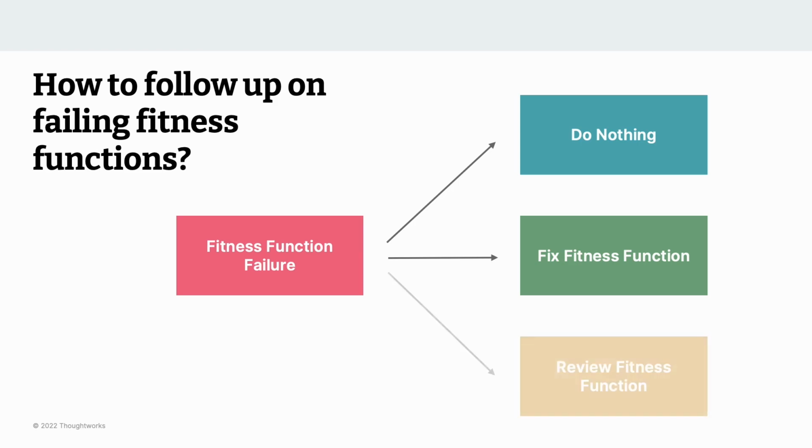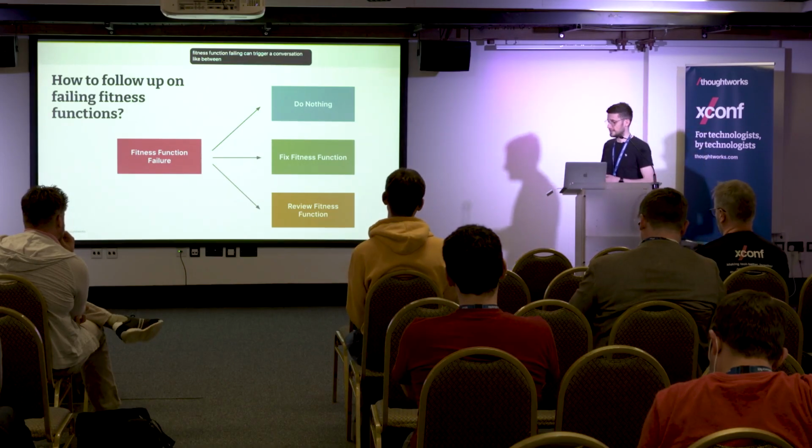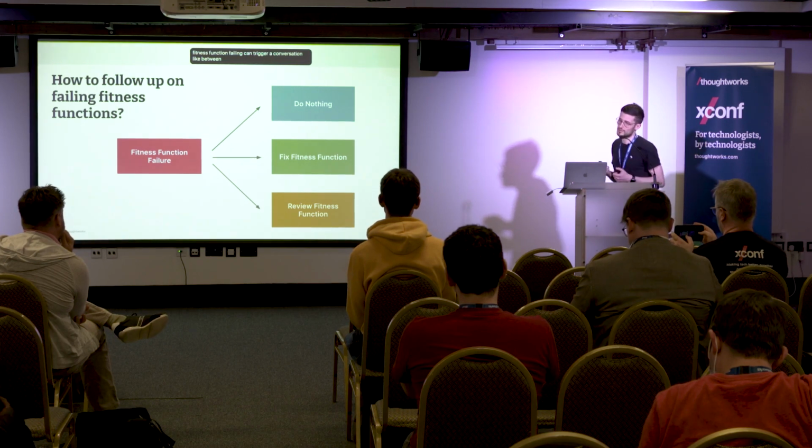And lastly, a very important one: a failing fitness function can trigger a conversation between business and technical leadership about trade-offs. Imagine that now we have more teams starting to adopt the design system.